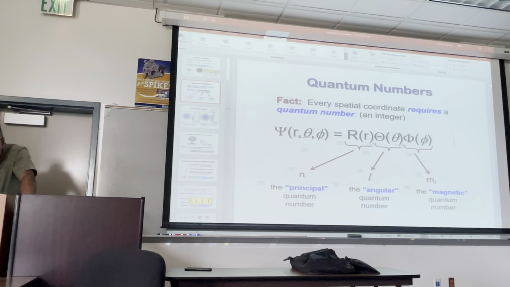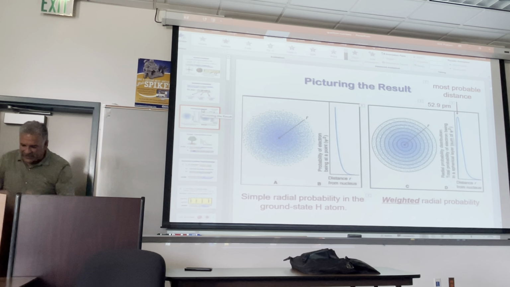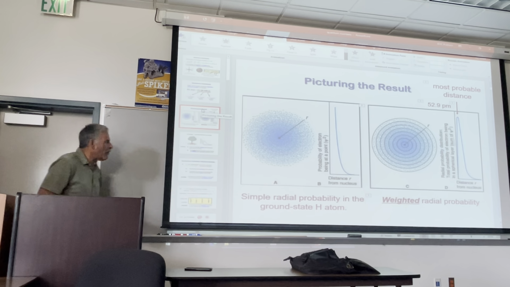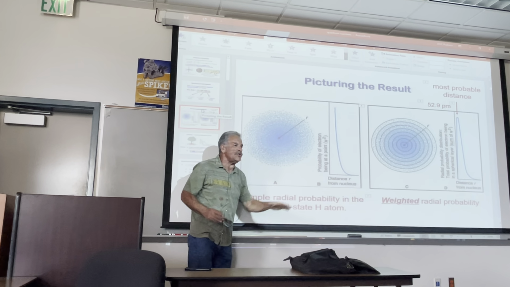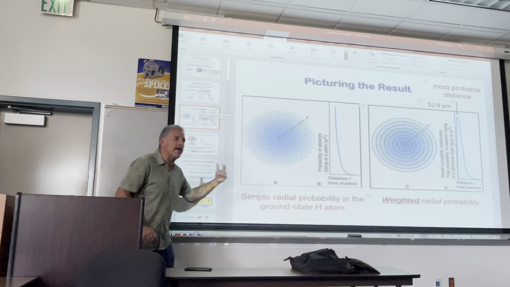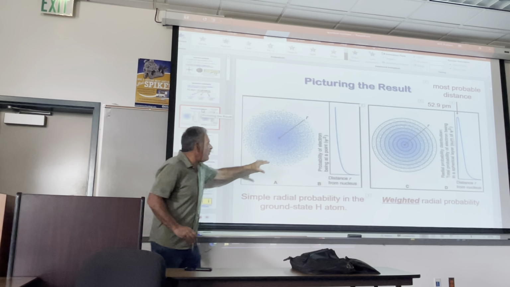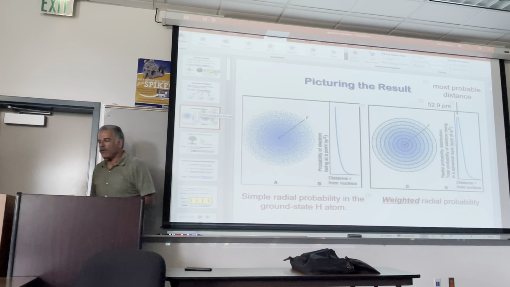So when we picture these things, we have a probability. This is the sphere we're looking at. This would be the S shape, the lowest first orbital. In column 1, column 2, this is the shape of where the electrons are around the nucleus, and it's a sphere.